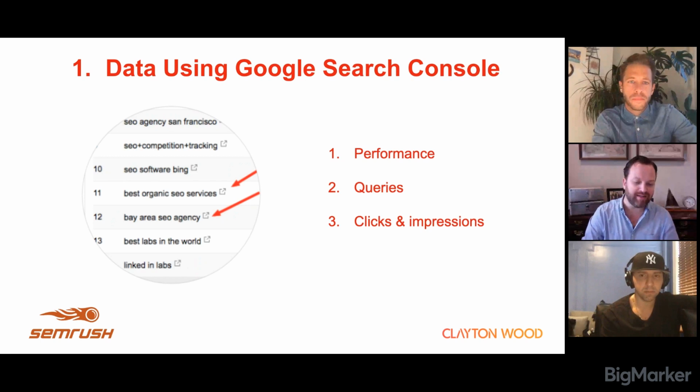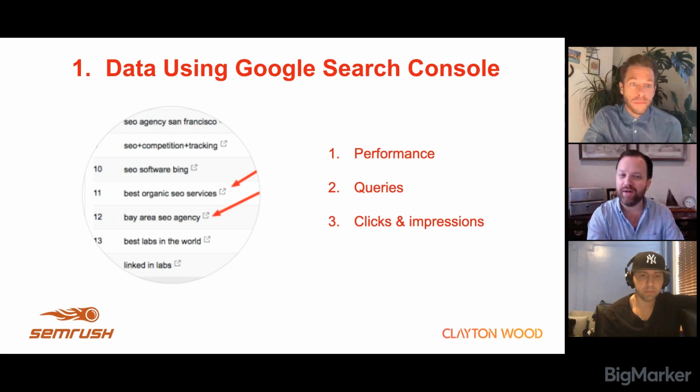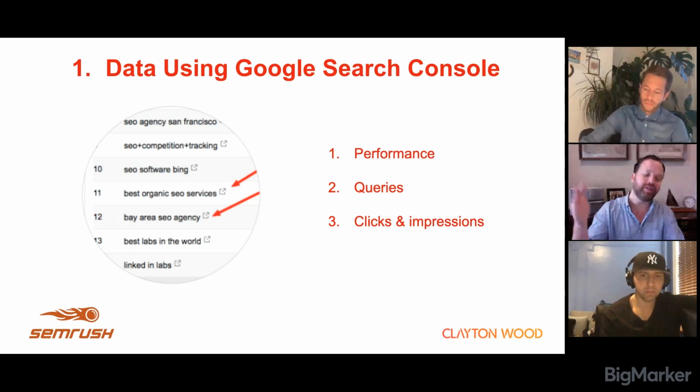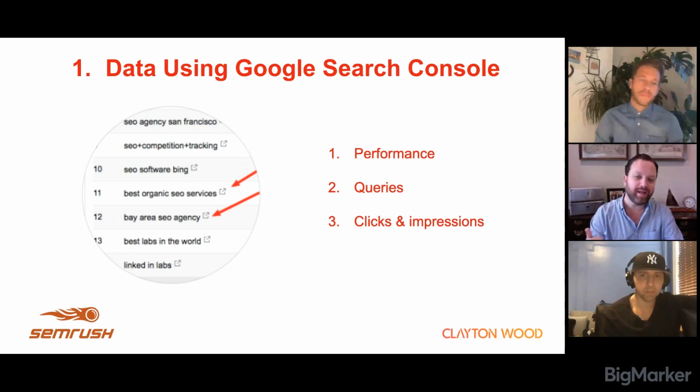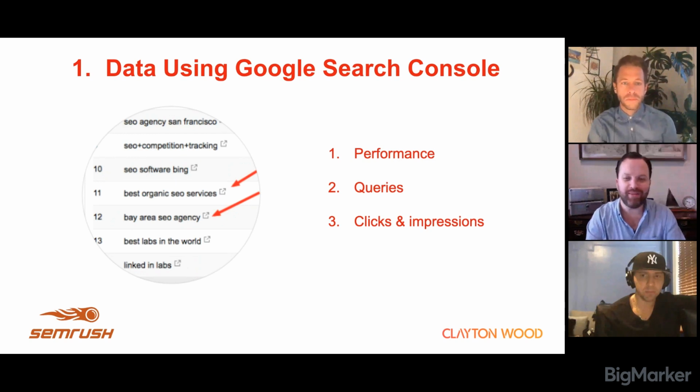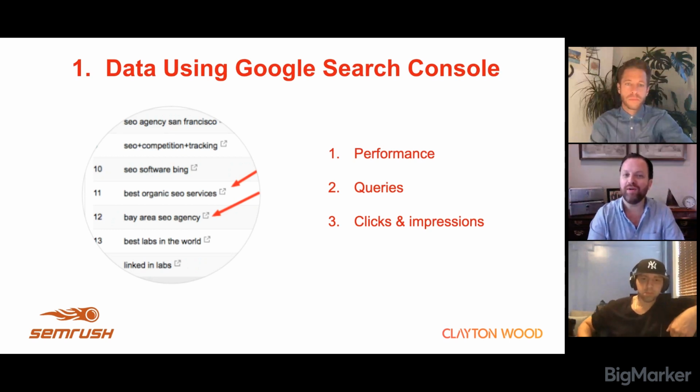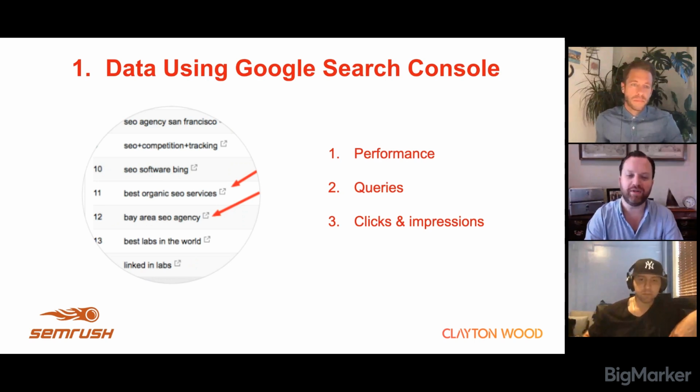The first one is this is a great source of knowledge on what to optimize for inside of Google Search Console. This list of keywords, if you look at ones that have very low impressions, which means they're not showing up in Google very much, but are extremely relevant to your product or your service or a buyer type of keyword, then that's a really great list of keywords that you should be optimizing.